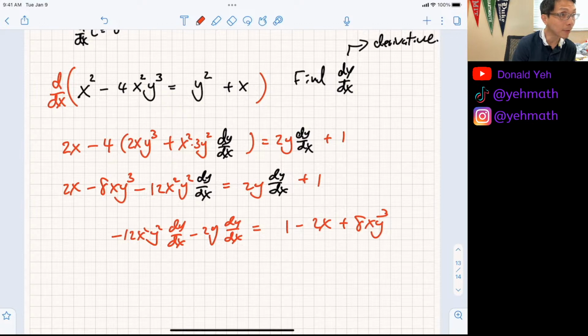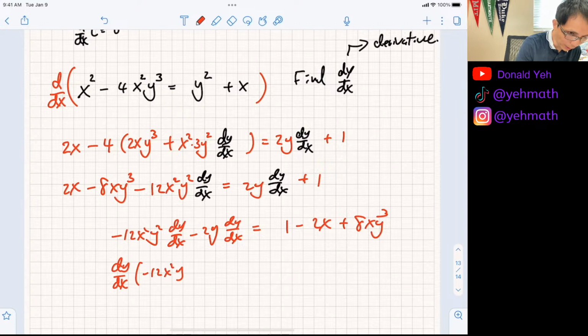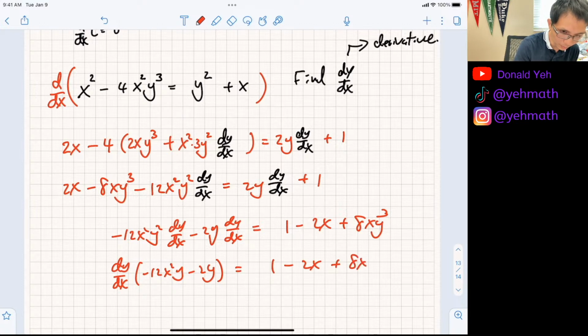Am I going too fast? I'm just moving all the dy/dx terms to the left hand side. I factor out the dy/dx. I usually don't even do this step because I can see it in my head. I just divide it over. But I'm going to show you just because this is the first time you see this. It's kind of overwhelming.